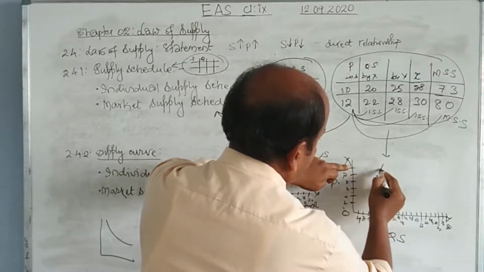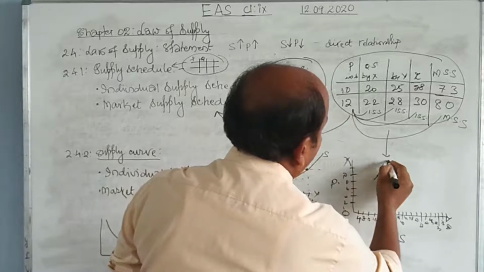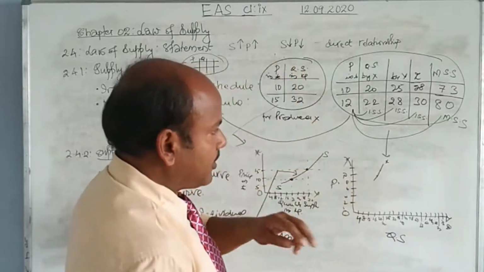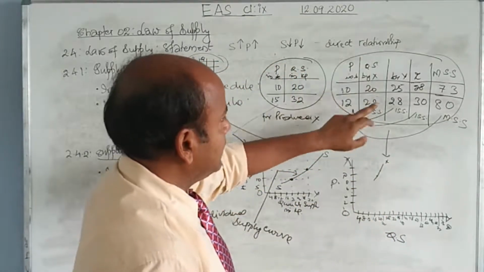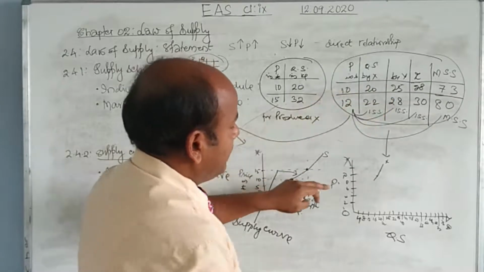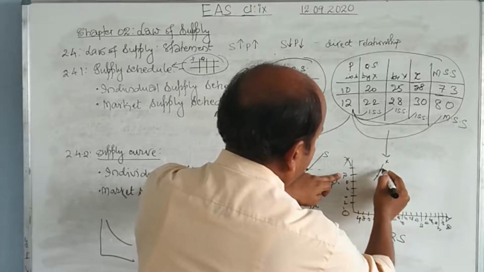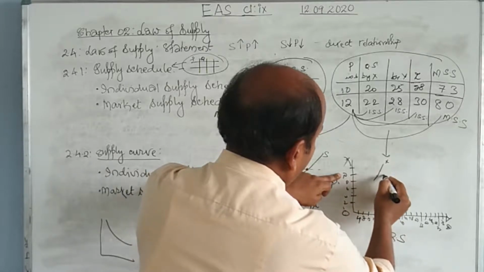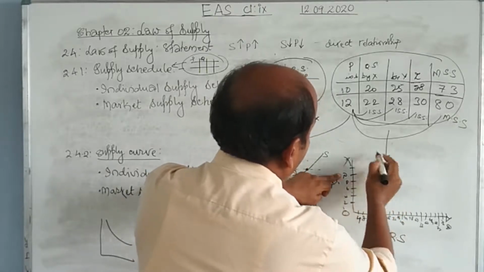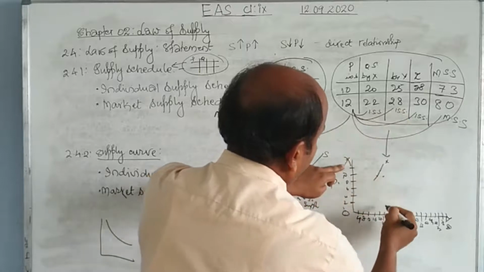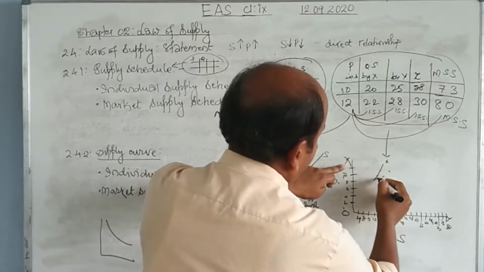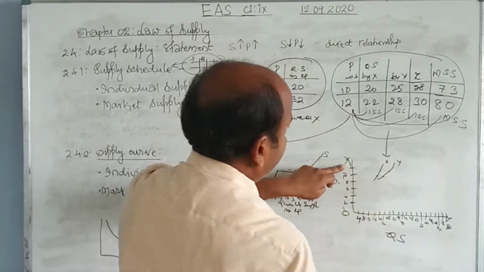If you join this, you will get the supply curve for X. Now for Y. At price 10, he is supplying 25, and at 12, 28. So this is for Y.